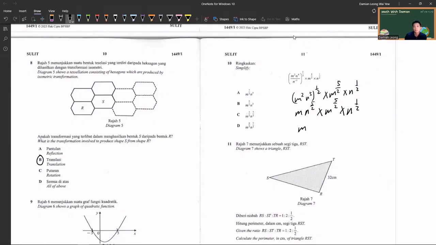Then times, power plus: 1 plus 5 over 2, and n: 5 over 2 plus 1 over 2. So it becomes m to the power of 7 over 2, n to the power 6 over 2, means 3. So answer A.